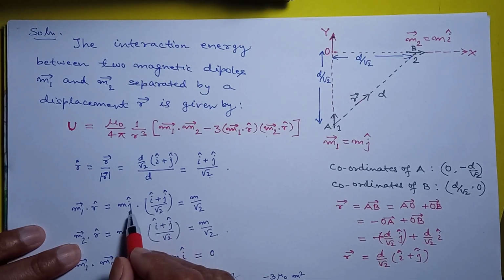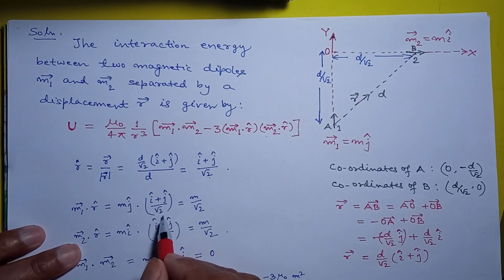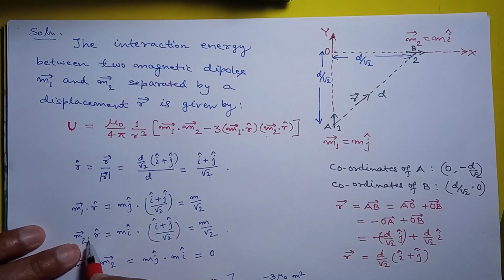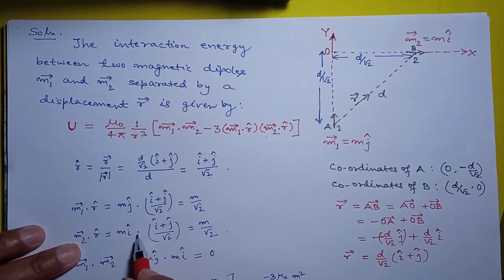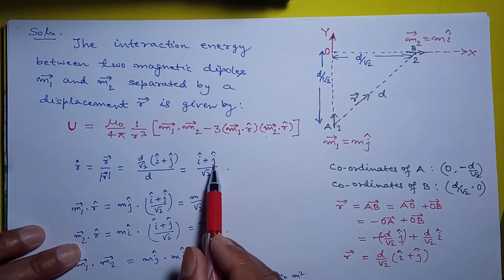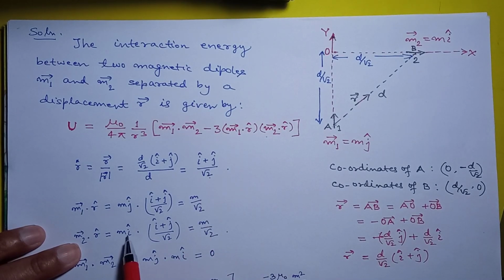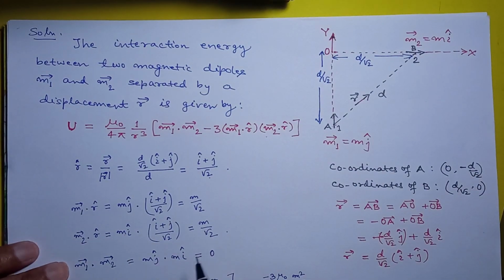So the result is m upon root 2, because j dot j equals 1. Now vector m2 dot r hat, it is m i dot r hat, it is i plus j hat upon root 2, and then i coordinates will combine, so it is m upon root 2.